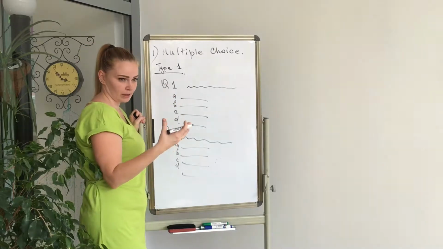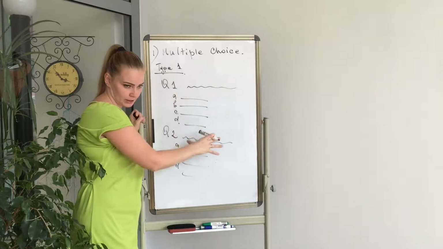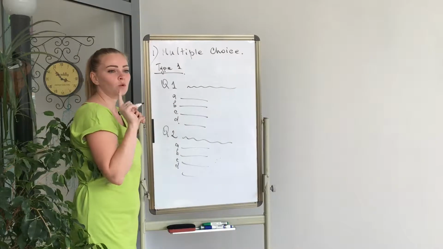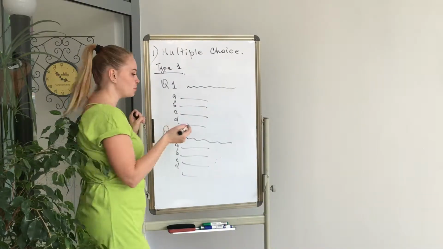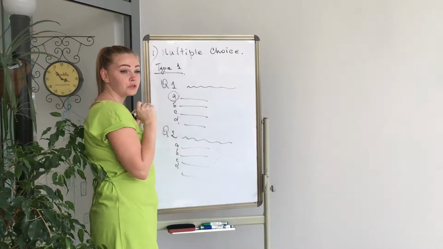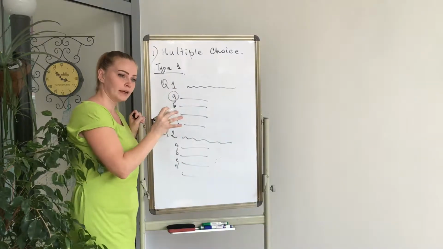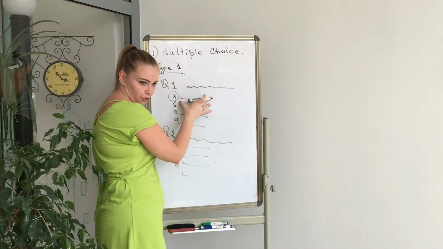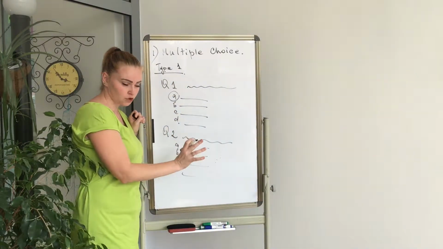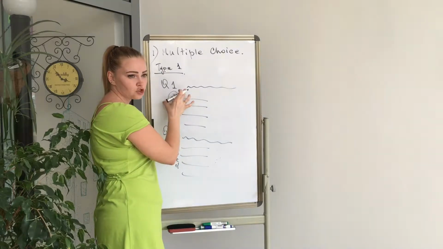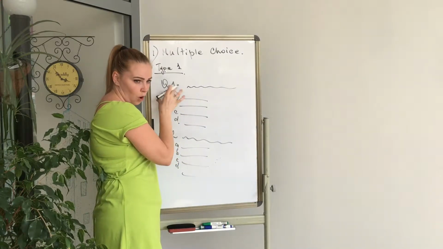In your answer sheet, the final result of your test is going to be one answer only for each question, and the answer is going to be a letter. So it's also important if you are writing the phrase or words or numbers in your answer sheet, or if you are writing just a letter code, yes.